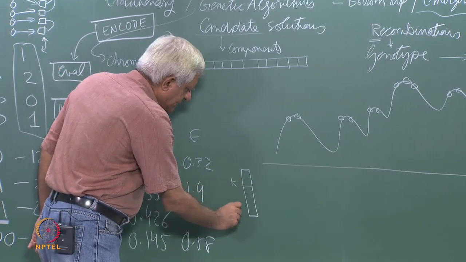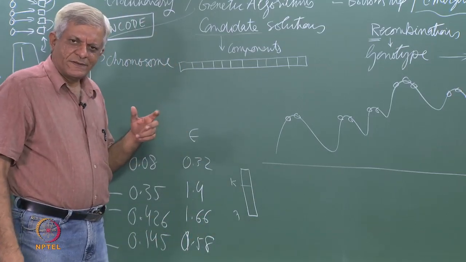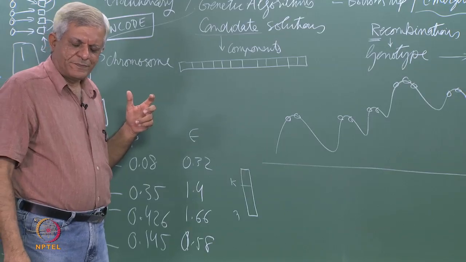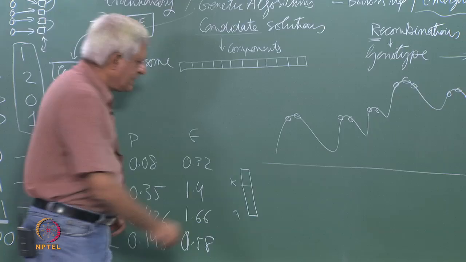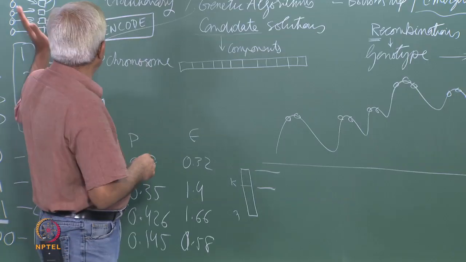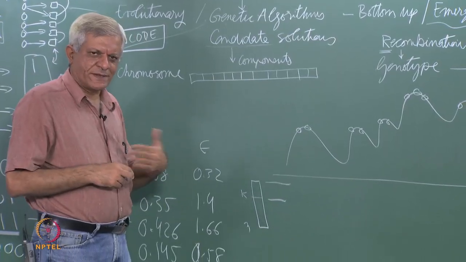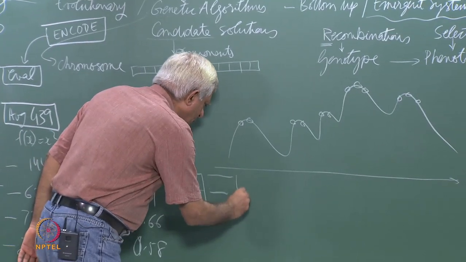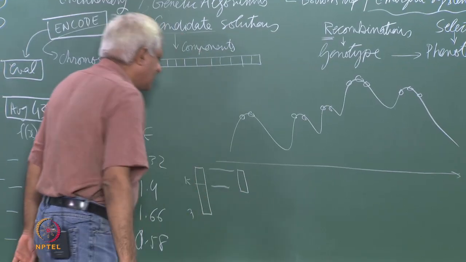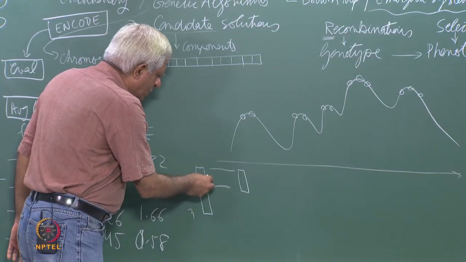So, this is k, this is n. If you have n members, you take the k most fit members, only allow those k fit members to reproduce and mix up the genes, both the processes, selection and crossover. So, you get a new population of k elements. Now, take this whole population here.